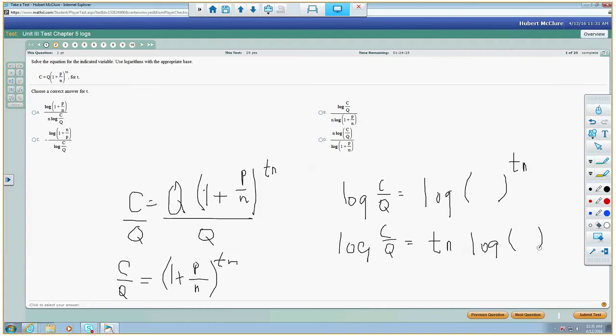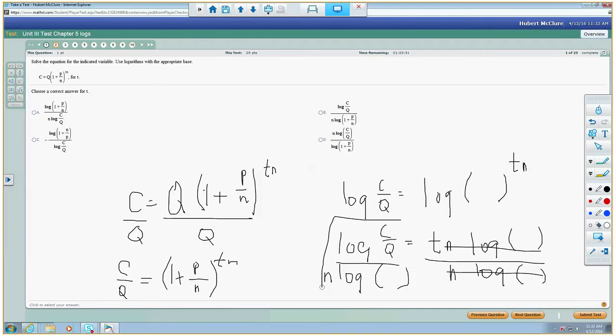of whatever. Now, how do I get rid of multiplying by N log of whatever? Divide by N log of whatever. Thank you, class. So divide by N log of whatever on both sides. So T is equal to log of C over Q divided by N log of whatever.